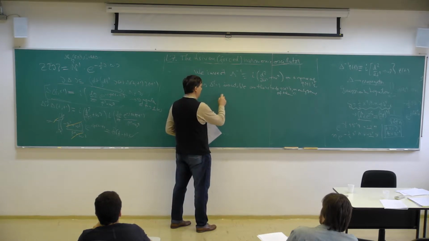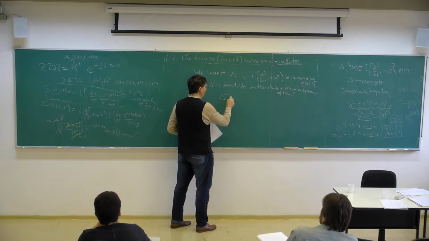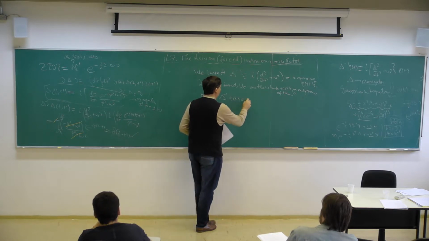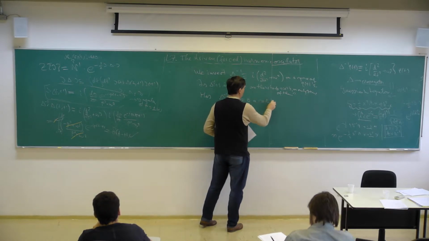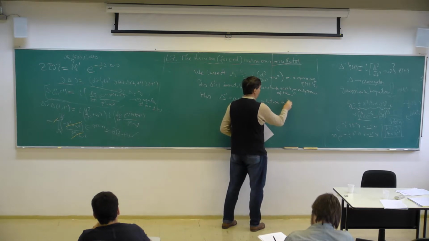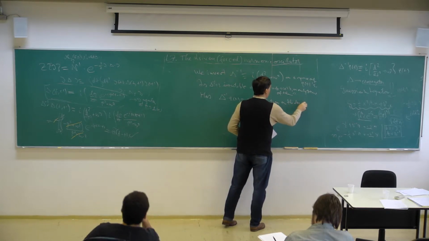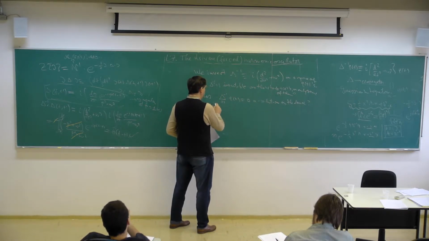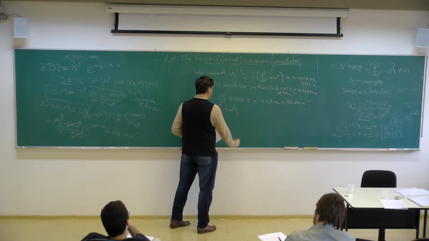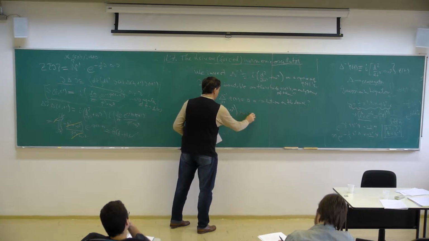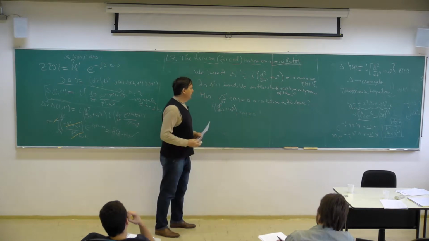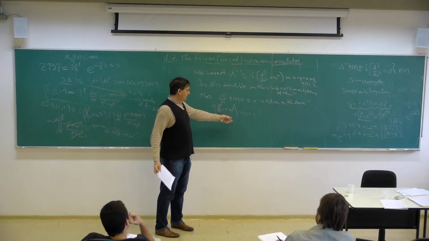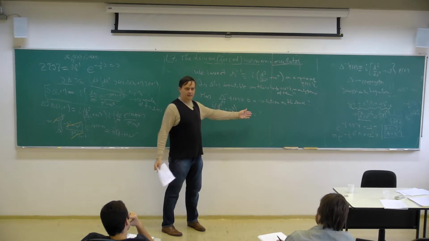In other words, has delta minus 1 of q of t equals 0 a solution on the domain? That is really the question. But this is, by definition, I times d squared dt squared plus omega squared. So is this non-zero in general, or is there a solution for this?